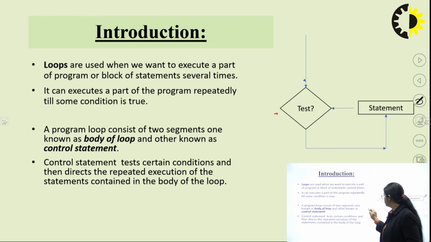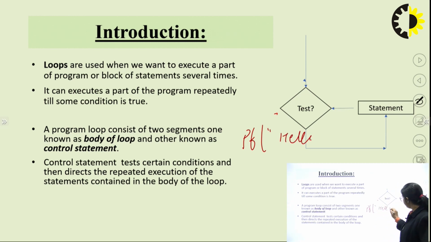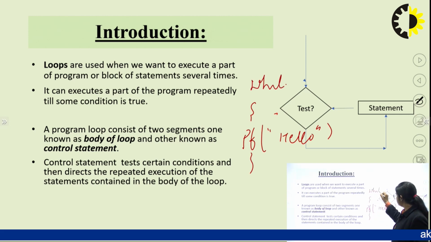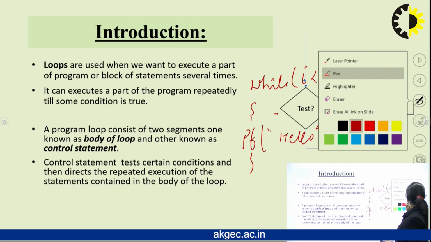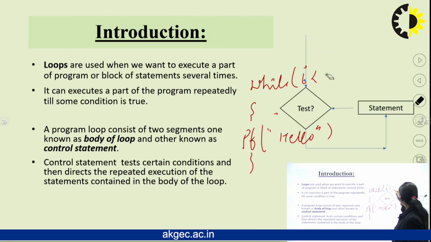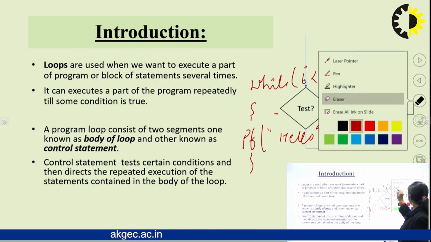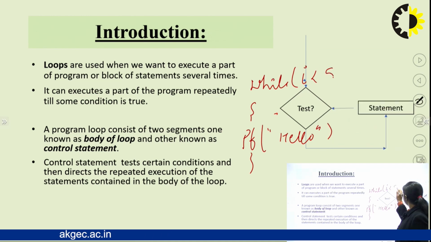Suppose we want to print hello, so I write this hello here and put it into a loop. Suppose I am going to use the while loop, with the condition i less than 5.